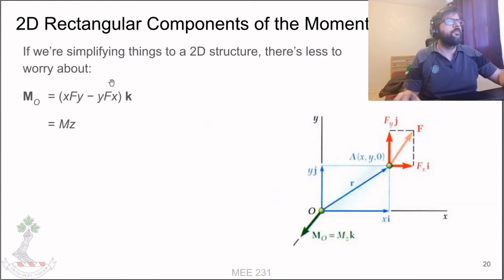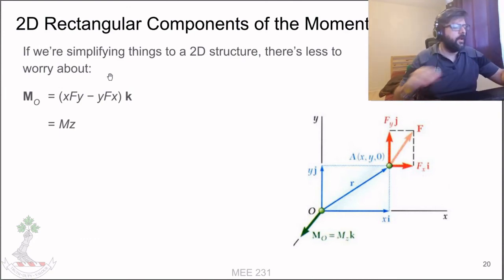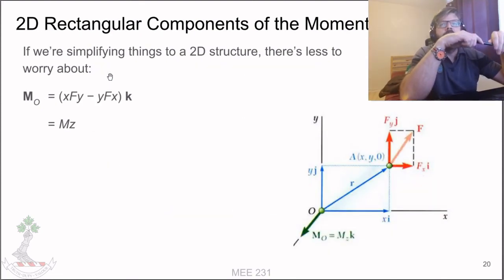Thankfully, we're not always going to be worried about i, j, and k for all terms. Sometimes, if you're simplifying things to a 2D structure, then you're only going to have forces acting in the X direction or in the Y direction, and the rotation is only going to be about the Z-axis.